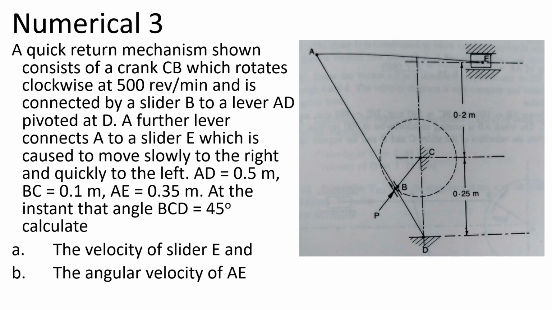AD is equal to 0.5 meter, BC is equal to 0.1 meter, AE is equal to 0.35 meters. At the instant that the angle BCD is equal to 45 degree, calculate the velocity of slider E and angular velocity of AE.